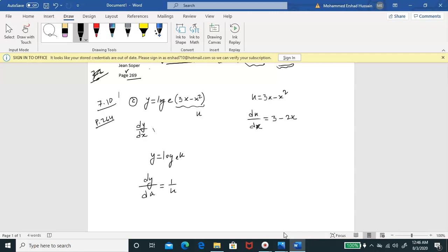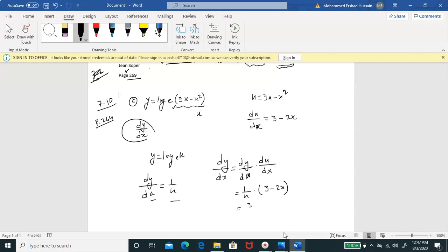So now to get this, let us use the chain rule. So dy over dx equals dy over du times du over dx. So this will be 1 over u, and this du over dx is 3 minus 2x, and then let us substitute back the value of u from here, right?